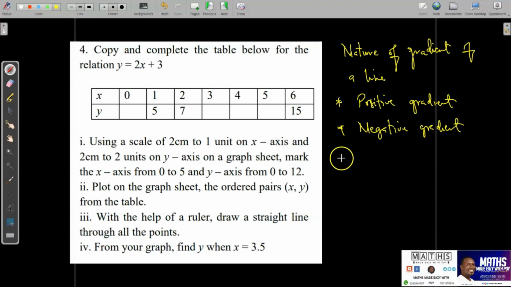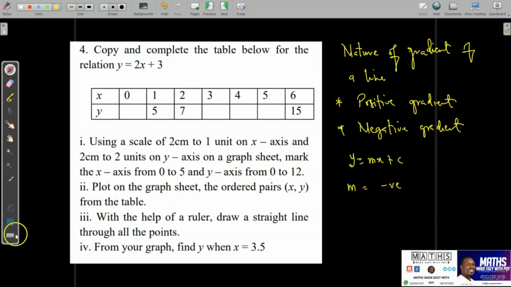You know that the standard way of writing every equation of a line is y equal to mx plus c. Perfect. So when m is a negative number, how do you expect the line to be like?